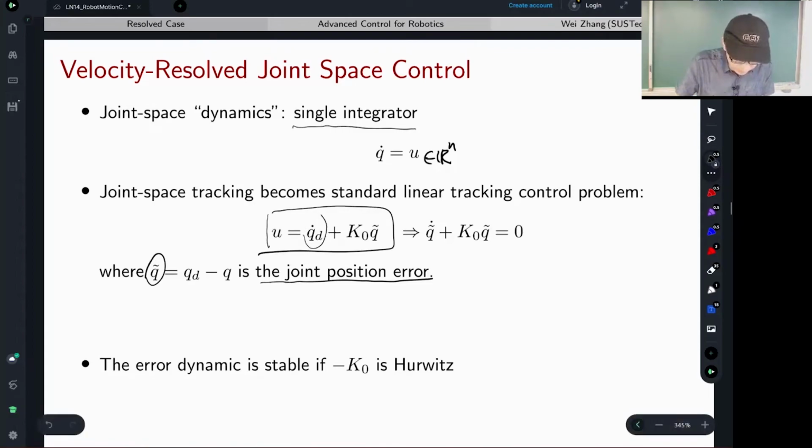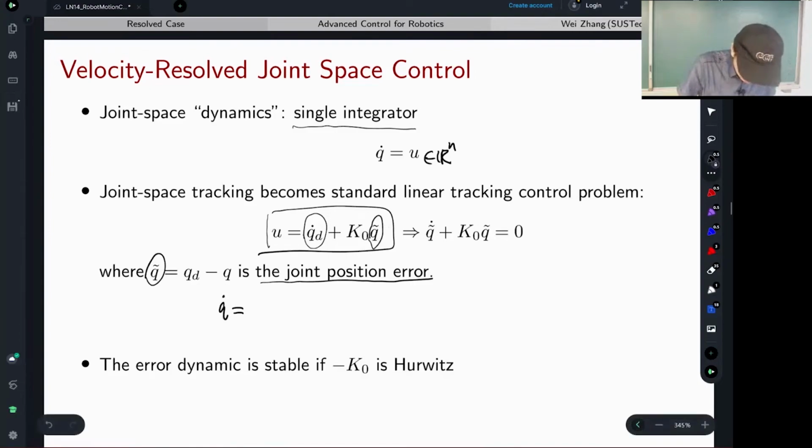What is given? QD is given, and QD dot is also known. This is my error or state vector. What I want is Q tilde to be 0, right? That's what we want.